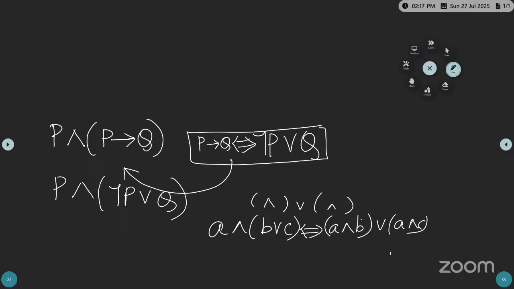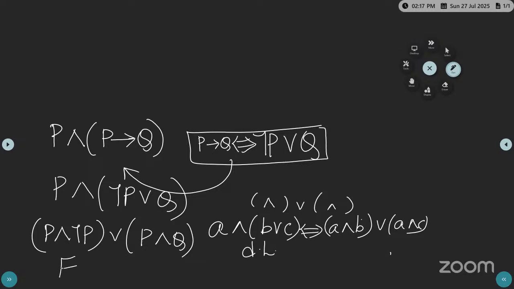So according to the distributive law, you distribute it as P and negation P, or P and Q. Actually, after this, what should you do? P and negation P is false, but I want DNF, so this is the answer. So there is a sum, and there is a product between the variables. Is this clear?